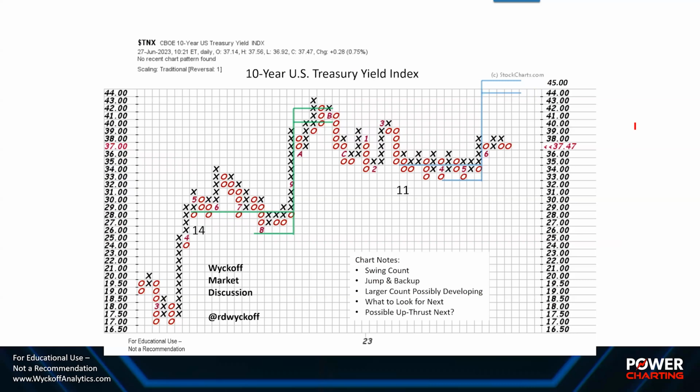This is the U.S. Treasury 10-year yield. This is a swing trading count of yield, and where it says over here, say 28.00, that's 2.8%. That is the rate of the U.S. Treasury 10-year. At the time of this chart, June 27th, the rate was 3.747.